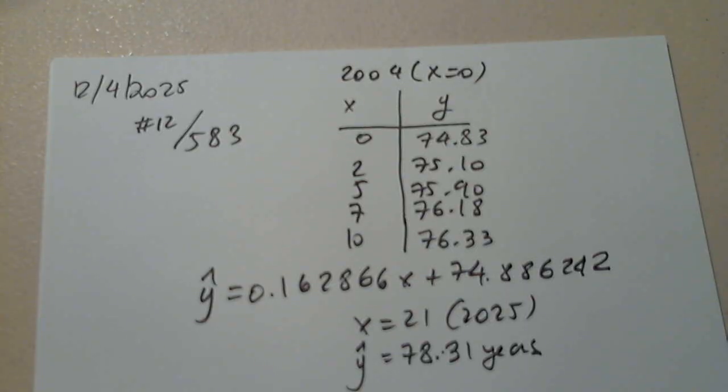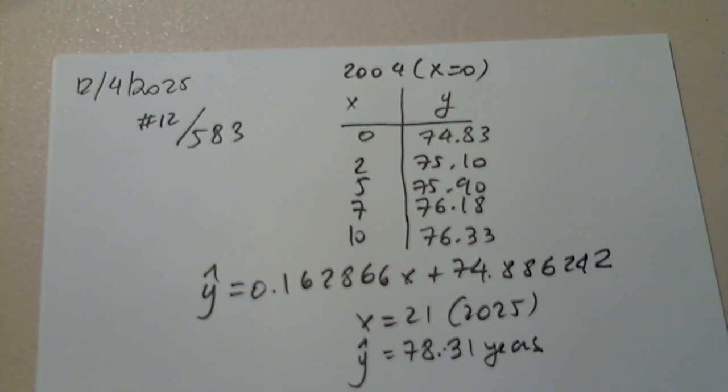Now notice that 21, to be honest, is way outside of the data. So if it's 11, if it's 12, if I want to predict 6 or maybe 8 or 9, it makes sense. But 21 years later, it doesn't really make that much sense because we don't know if the model still holds that far out.